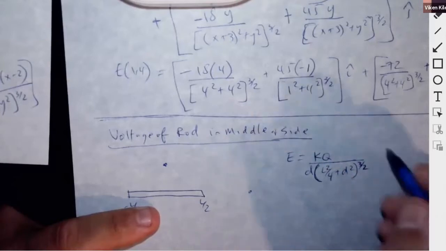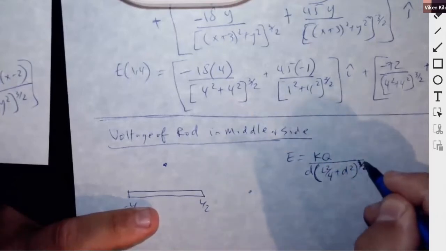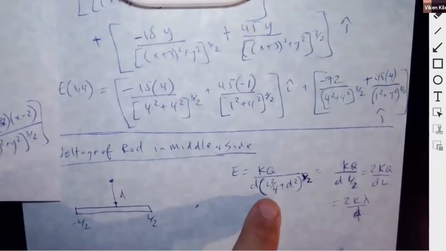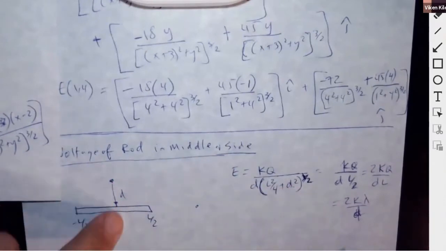We can always, I believe it's 1/2. Okay, sure. This is the general equation for the electric field of a rod in the middle.